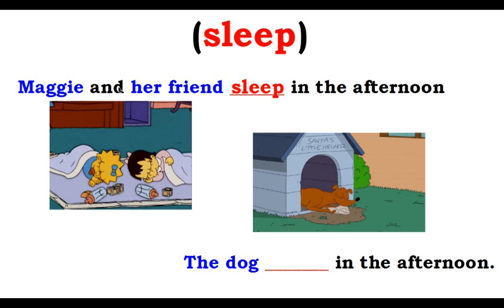Remember, Maggie and her friend are two people, they, so no third person conjugation. But the dog sleeps in the afternoon. Remember, the dog is one thing, and we use the third person conjugation. Very good.